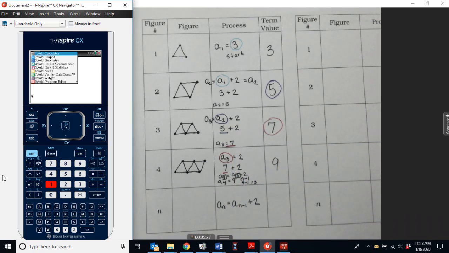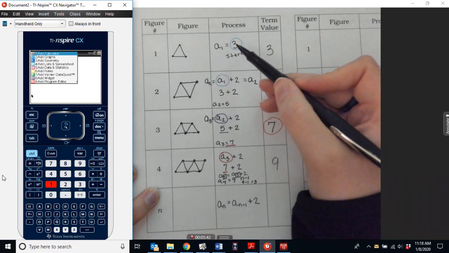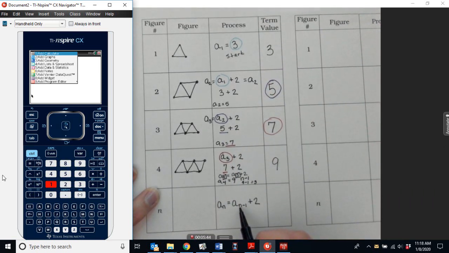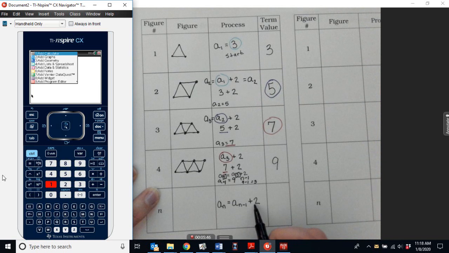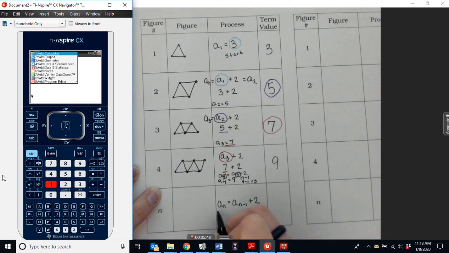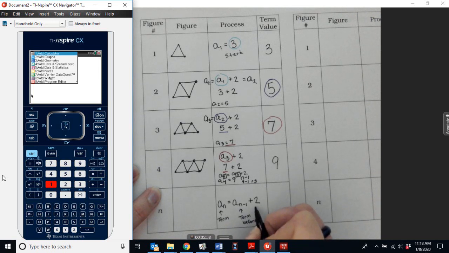So I have to be given a starting point. So we said we started at 3, and every time we take the term before and we add 2. So this is the term that you're looking for. This is the term before it. And then this is our common difference.